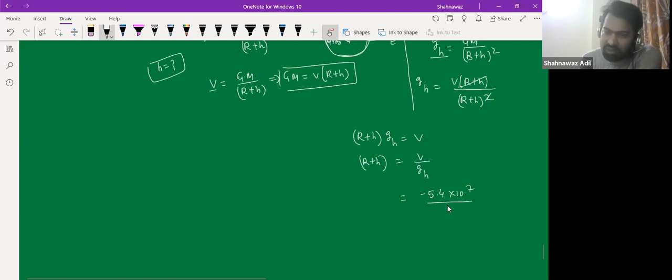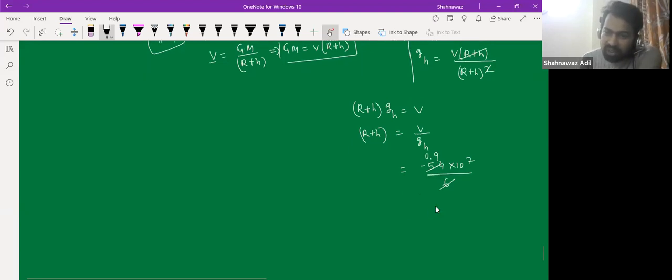So this is minus 9 into 10 to the power 6. This is R + h. Then h we can calculate using minus 9 into 10 to the power 6, and then this is minus R.